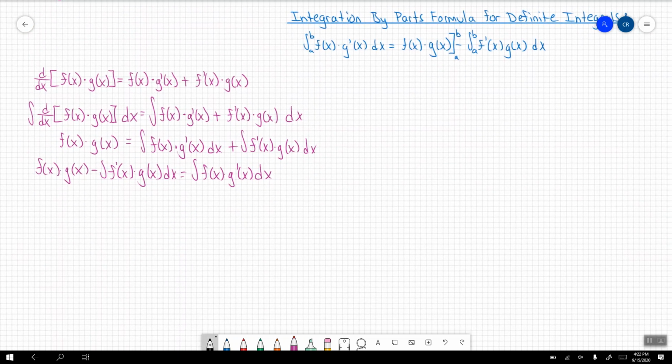So jumping straight into that process, we want to now evaluate these integrals.